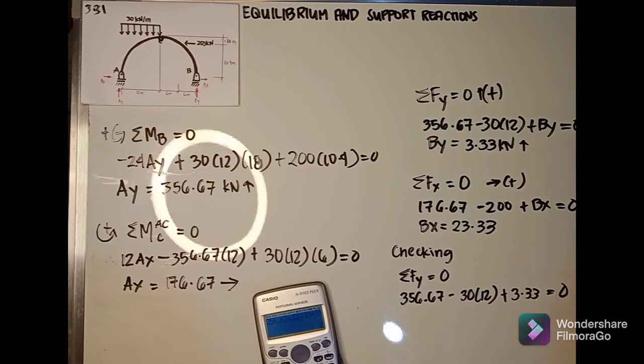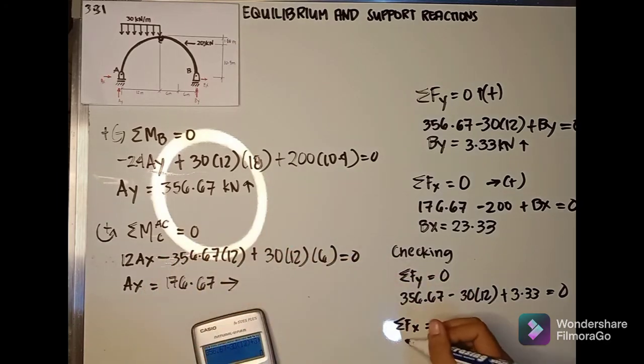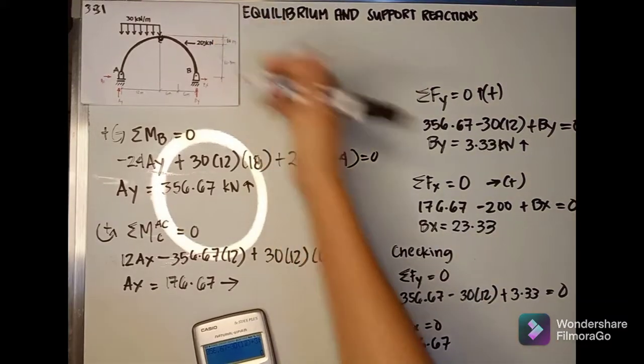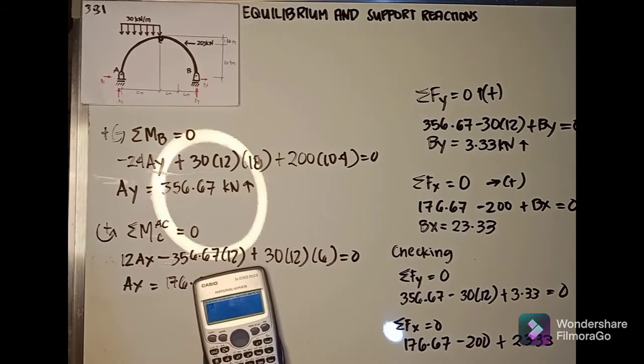So, check. Another one, summation of horizontal forces: AX, 176.67 minus 200 plus BX of 23.33. 176.67 minus 200 plus 23.33 equals 0. So, correct.